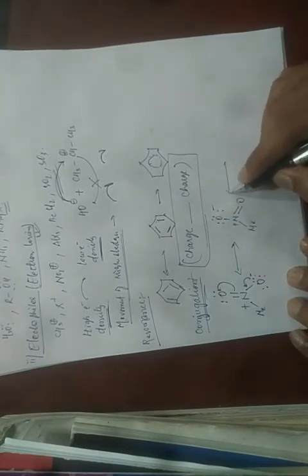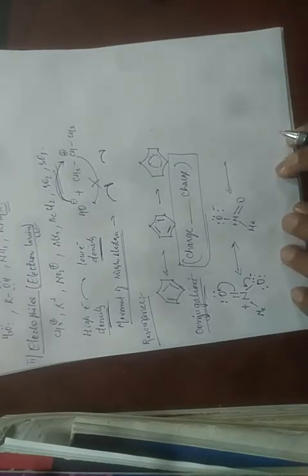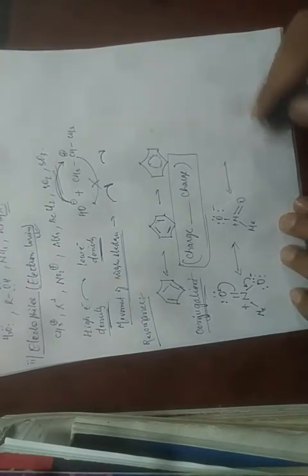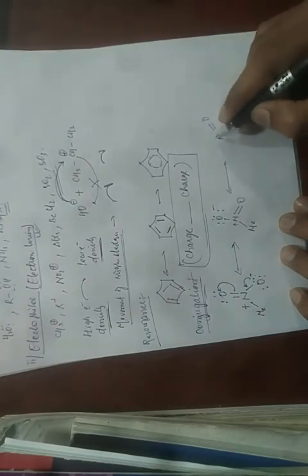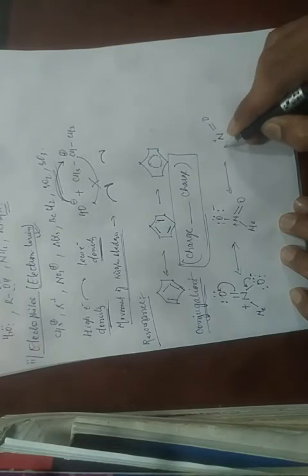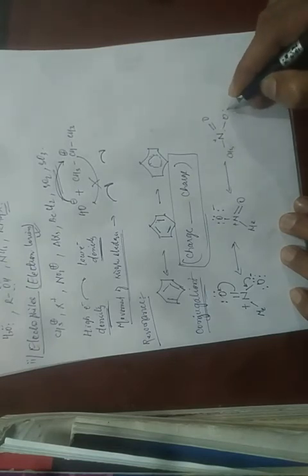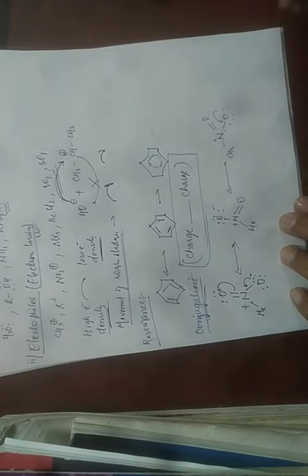As a whole, we can write nitrogen double bond O positive, here CH3, and here oxygen. So this was the resonating structure which we have to remember.